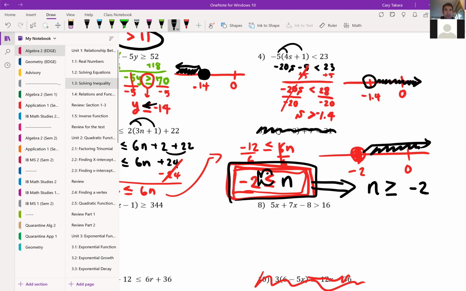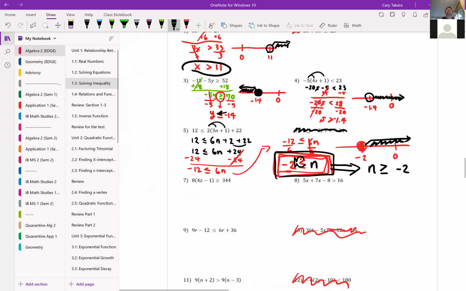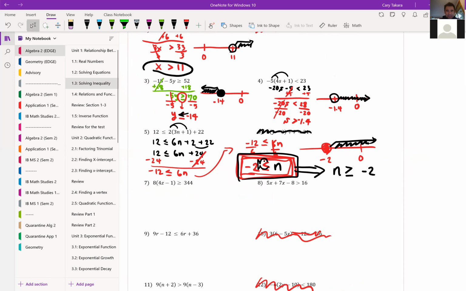The arrow trick does not work when the variable is on the right side. Or you can remember that it's going to be the opposite direction if the variable is on the right side. Does that make sense? All right, let's keep going, guys.